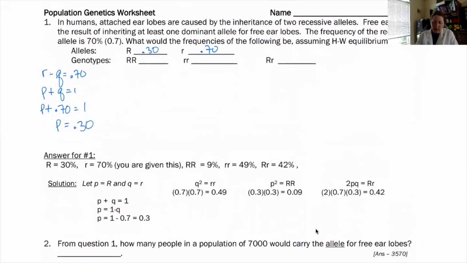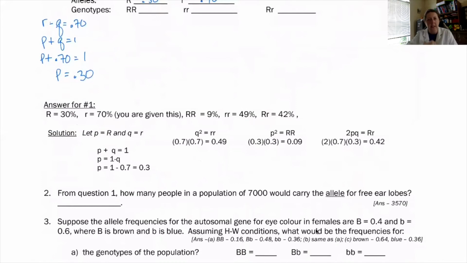Great. Okay, so now my genotypes. Oh gosh, they didn't really tell me too much about my genotypes, but because I know my allele frequencies, I can figure it out. So I know, for example, that q is 0.70.